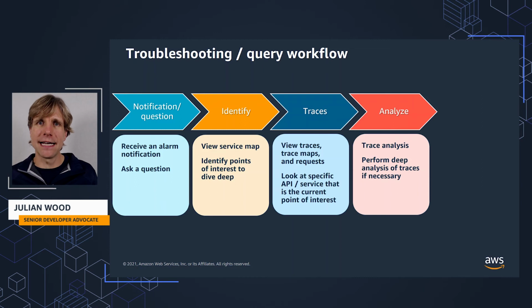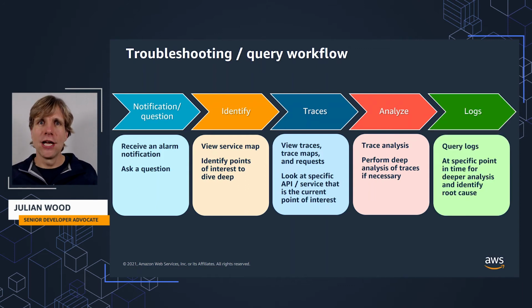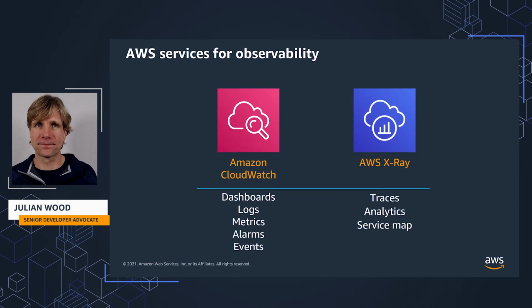You could then analyze the traces if necessary, and you could then correlate the traces with individual log lines. You can then dive deeper to get application-specific logs correlating to the traces to help identify the root cause easily. Now, the workflow isn't necessarily one way though. You can start with some sophisticated log querying to find out, for example, your general error rate for your application.